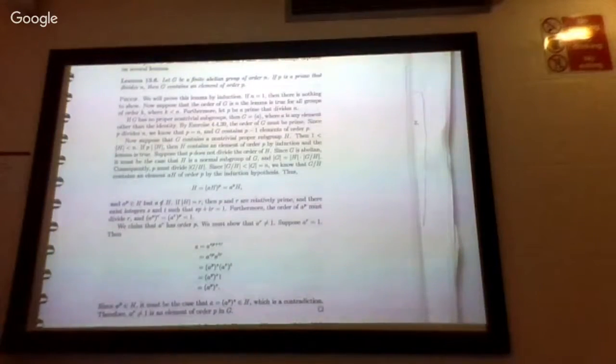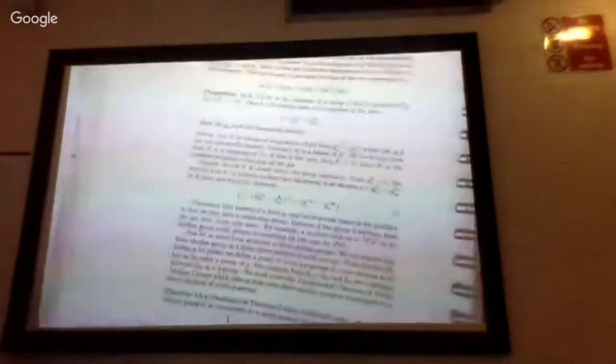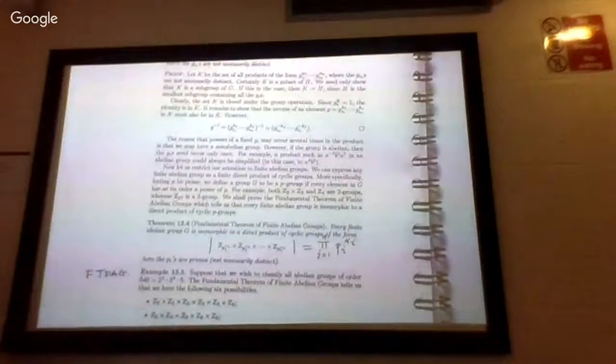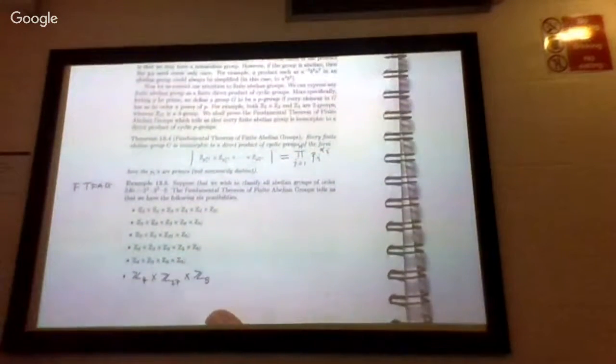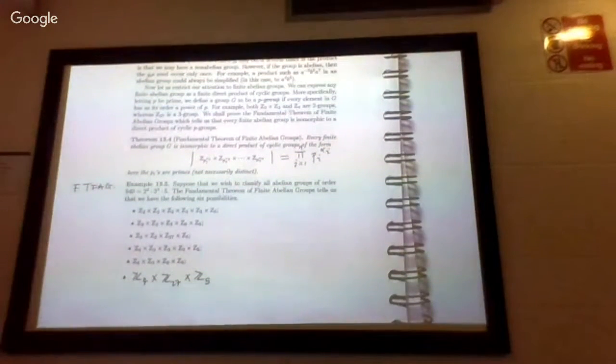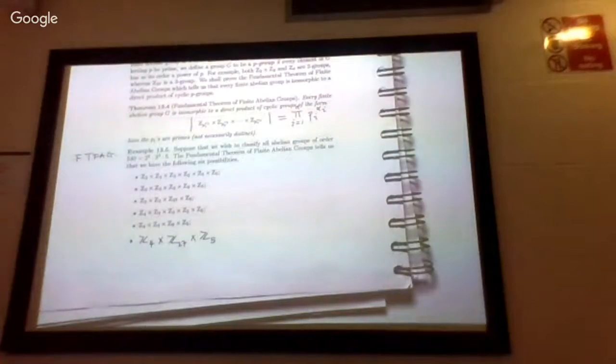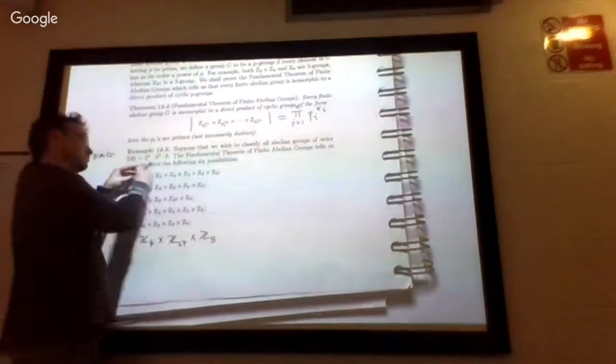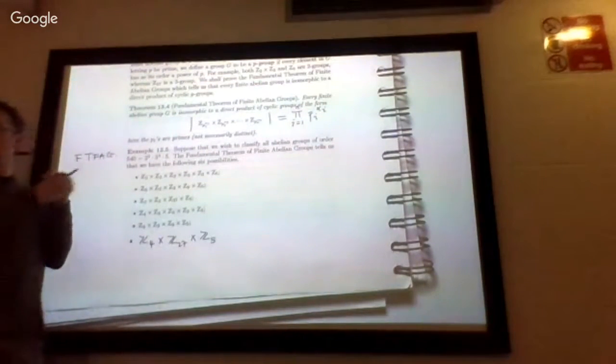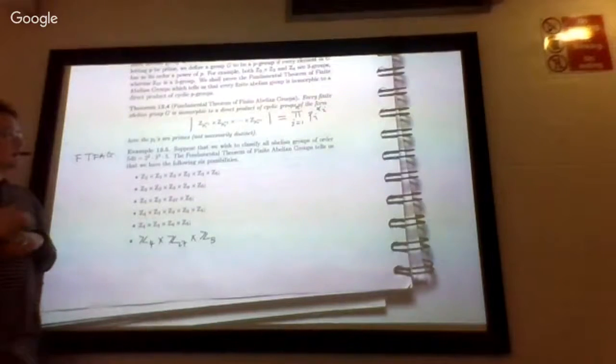But what we could finish on is going back to this here. So these are all our finite abelian groups of size 540. But there are typically two different ways of viewing them. This is viewing them spread out as much as possible into direct products.